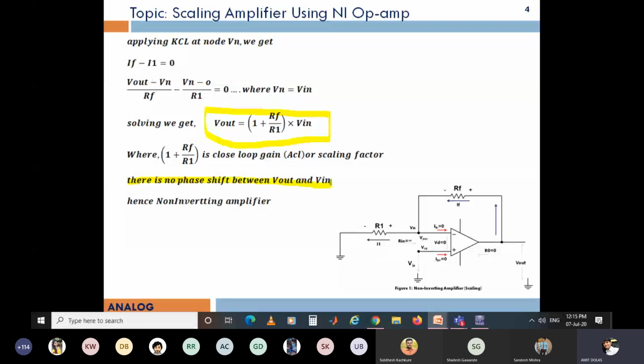Suppose I apply a certain sinusoidal signal of certain frequency and amplitude to this input V in, the output will retain the same shape, same frequency, only the amplitude will increase, and it increases by the gain or the scaling factor. Hence, it is called a non-inverting amplifier because the input phase and output phase are the same. That's why it is referred to as a non-inverting amplifier. In the earlier lecture, we saw the inverting one because there was a 180 degree phase difference. That is, input and output are 180 degrees out of phase. One is positive and the other is negative.